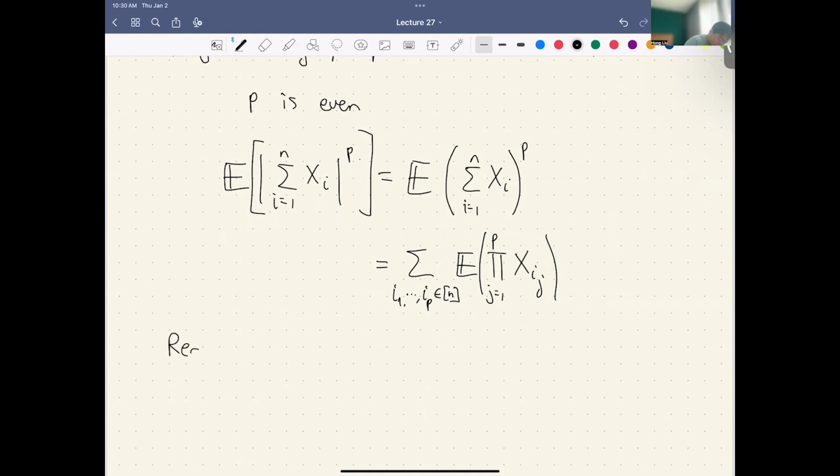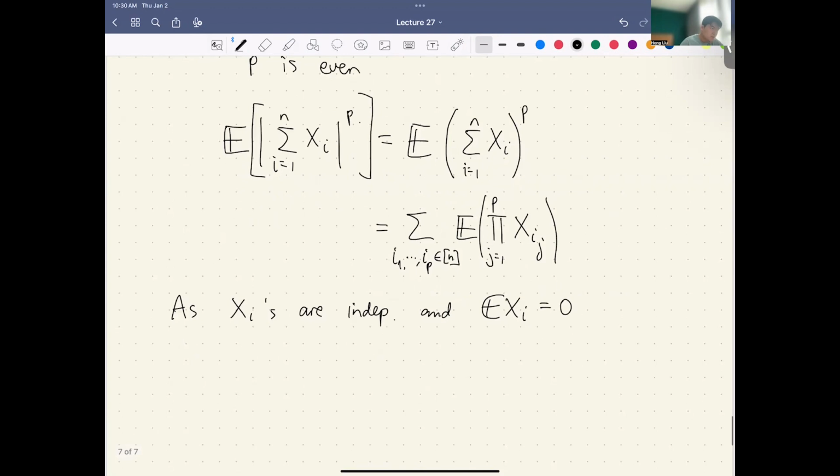Let's write out what I just said. Recall that the xi's are independent and the expectation is 0 for each one term. We have the expectation of xi xj, by independence we can split them, is 0 for any i not equal to j. Okay?